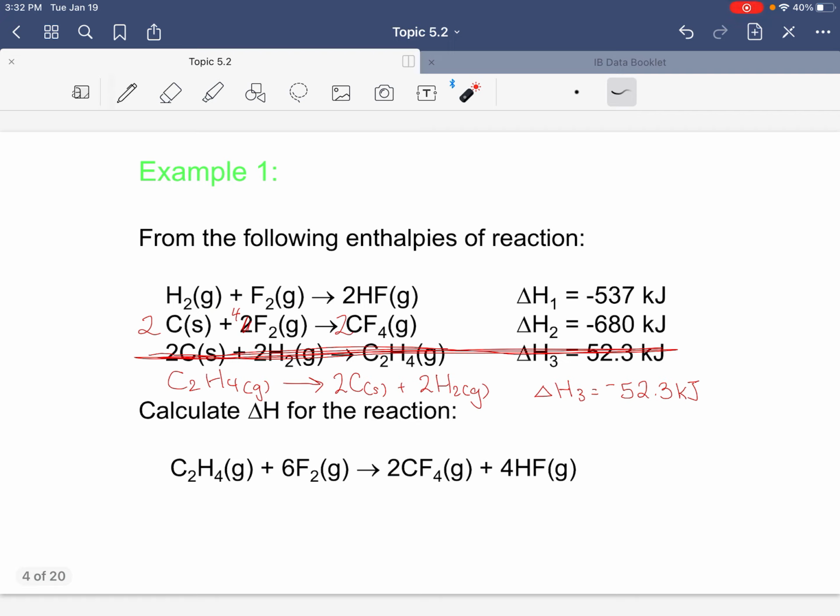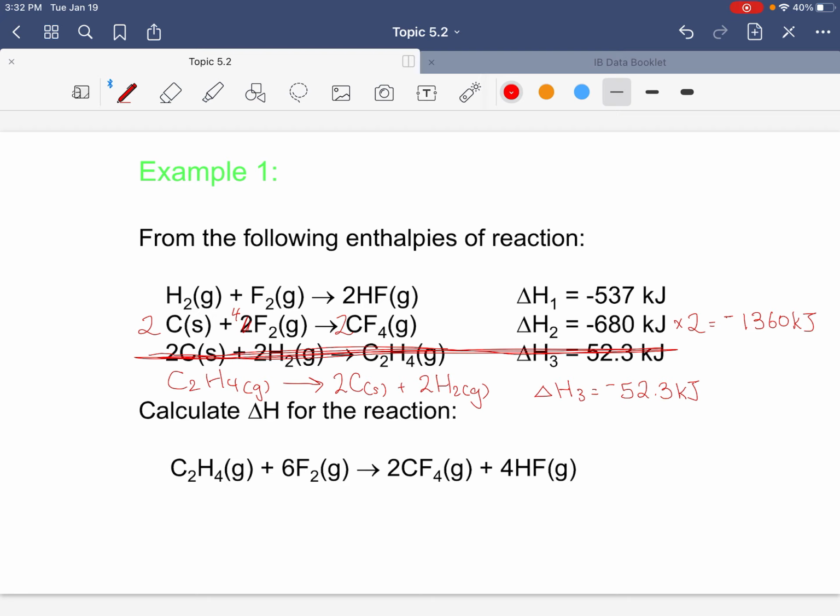You multiply everybody here by 2 to make sure this is 2 CF4. You better multiply this by 2 as well. You have to. That's the rule. And 680, multiply that by 2, you're looking at negative 1,360 kilojoules. All right. Hey, we took care of CF4, if you believe it or not.